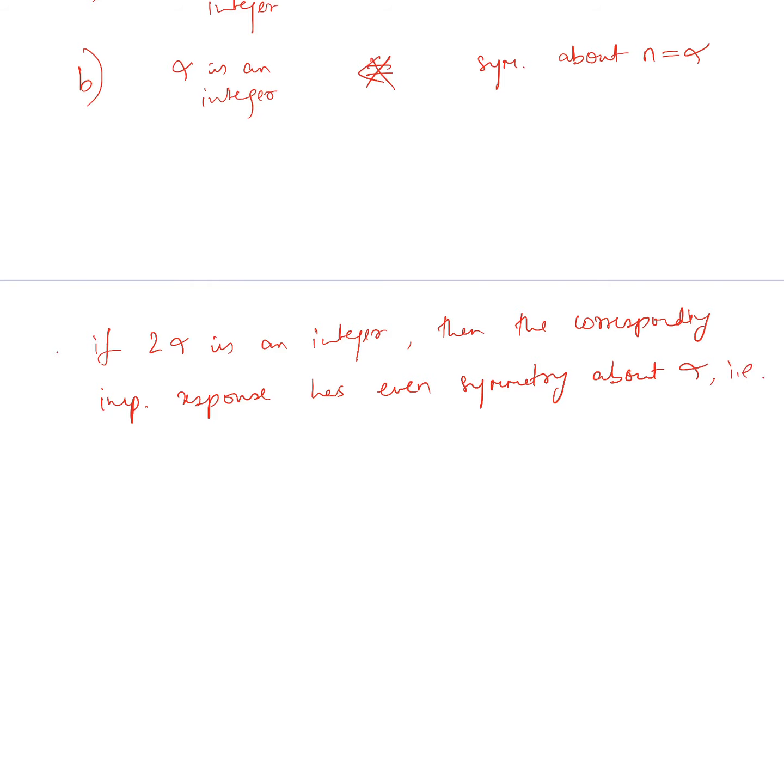That is, you would see that h of 2 alpha minus n would be equal to h of n. Now if 2 alpha is not an integer, then the impulse response will not have symmetry, and this we had seen in the third figure. But in all three responses, it has linear phase, or equivalently constant group delay.